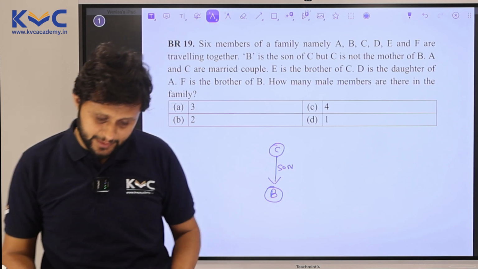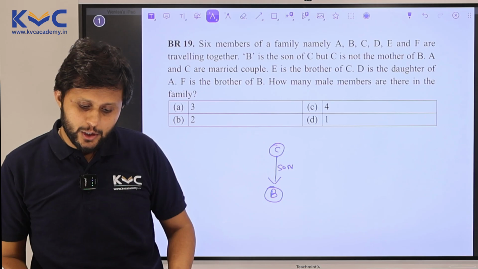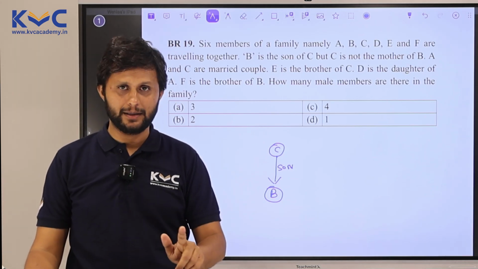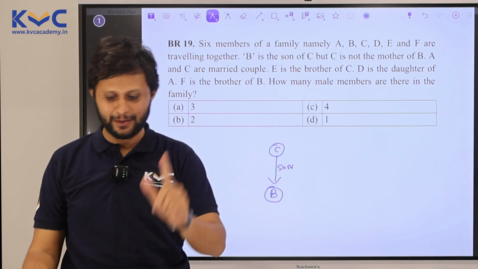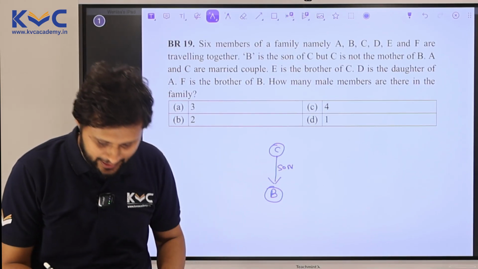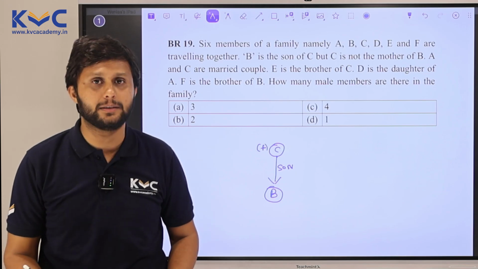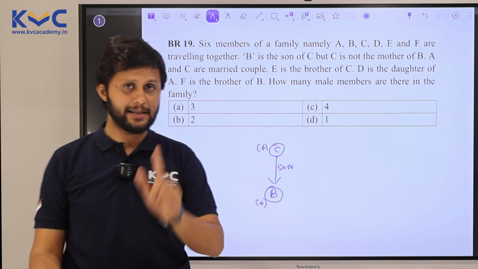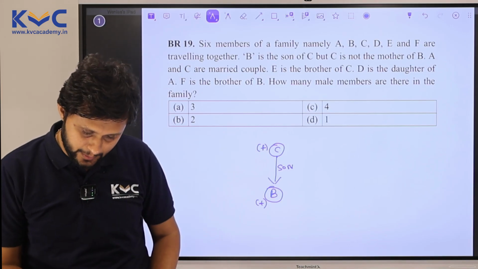B is the son of C, but C is not mother of B. B is son of C, C is not mother of B. That means father. So I can associate a plus sign over here. Correct? This person is also plus because of son, and C is the father, not mother.